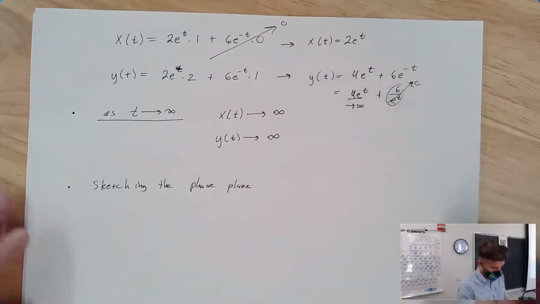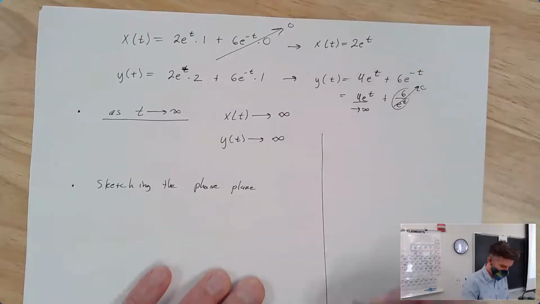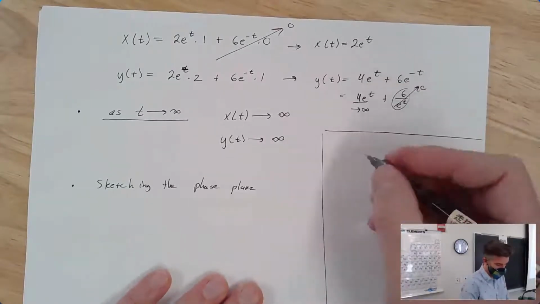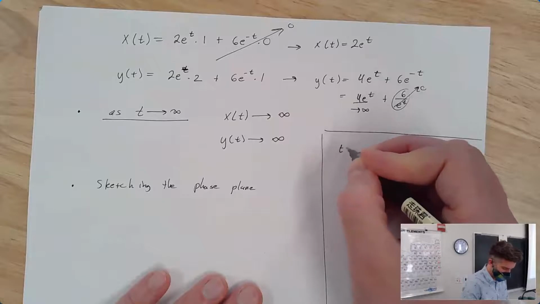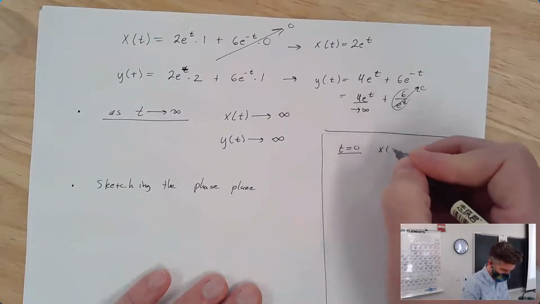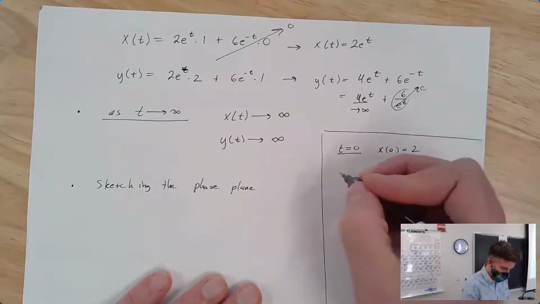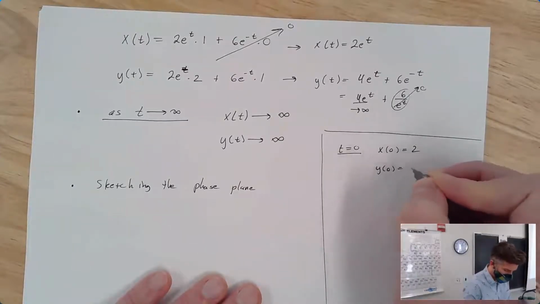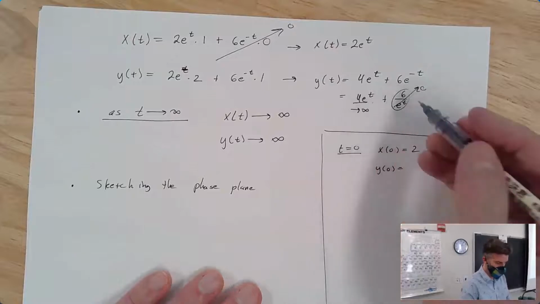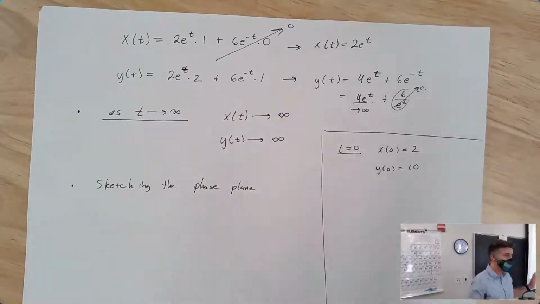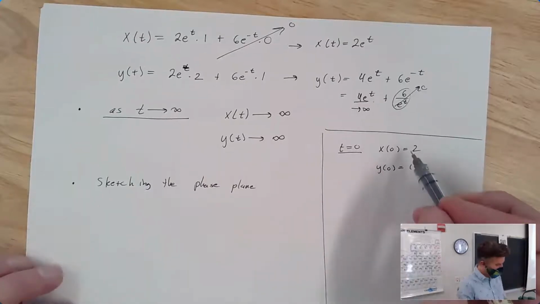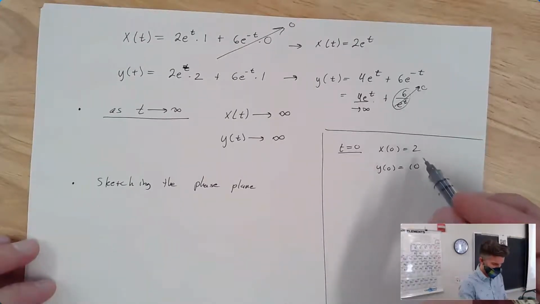Not surprisingly, we already know this, but looking at this equation, at time equals 0, x of 0 is 2 e to the 0, which is just 2. And y of 0 is 4 times e to the 0 plus 6 times e to the 0, which is 10. Which were the conditions we were given, which is how we solved things in the first place. And then we can see that both of these are going to grow.